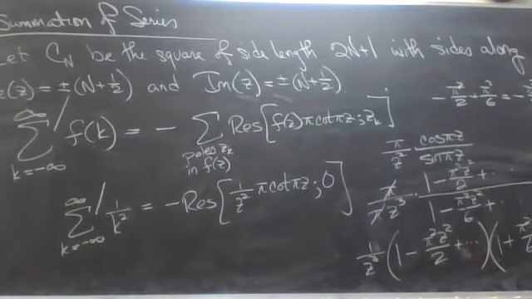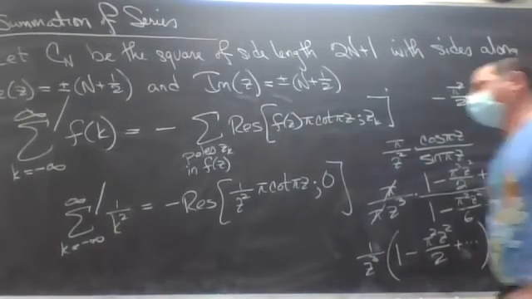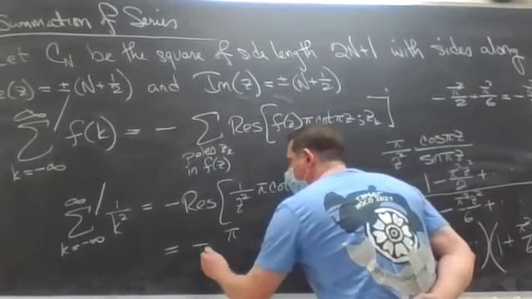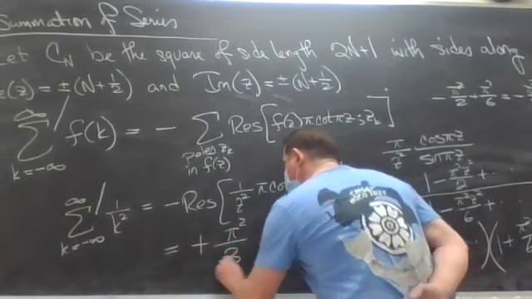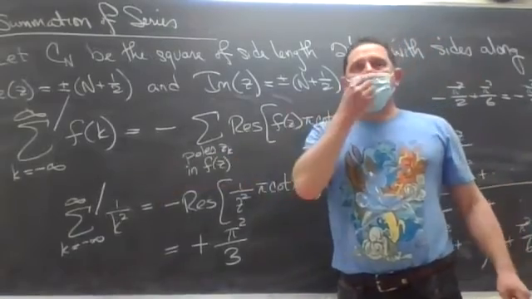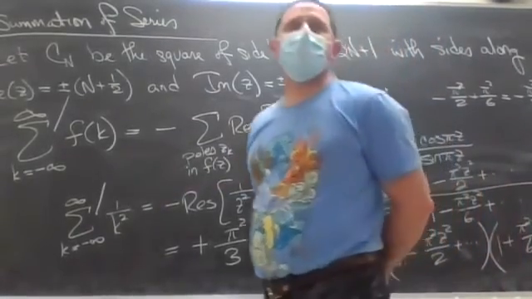Which is minus pi squared over 3. Minus negative pi squared over 3. And that's equal to the sum prime from negative infinity to infinity.